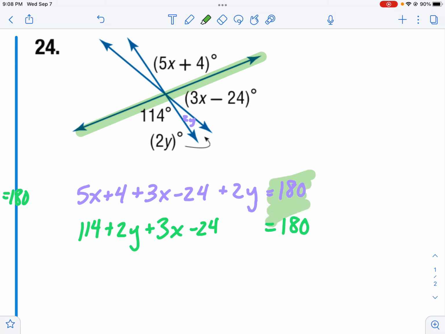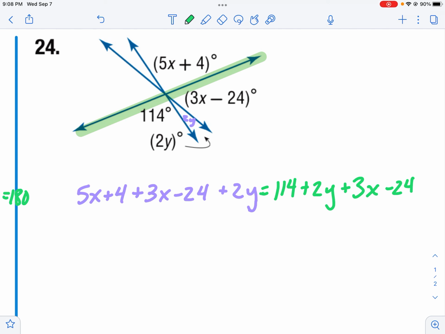Well, they're both equal to the same thing. If this stuff equals 180 and this stuff also equals 180, how are these two related? What can I do if I know that these two things equal the same number? Well, if they both equal 180, I can just set these things equal to each other.